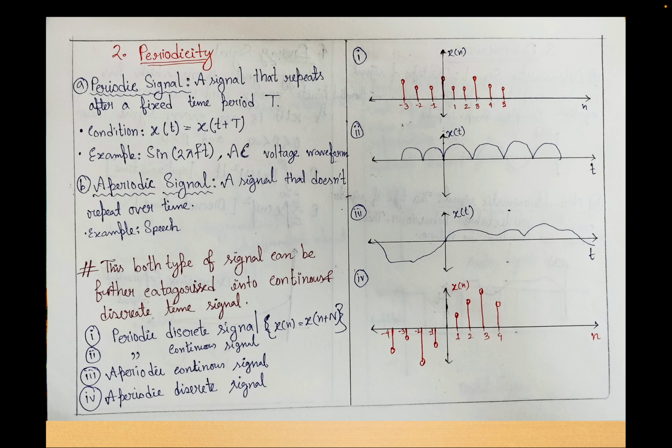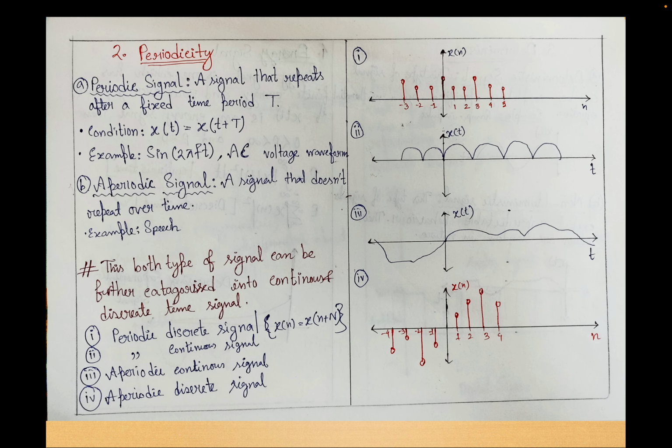This is the condition of a periodic signal. As an example, sin 2 pi f t is a periodic signal, or in the real world, an AC voltage waveform is an example of a periodic signal.